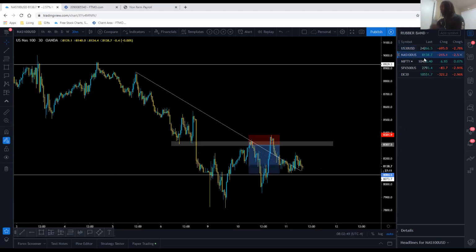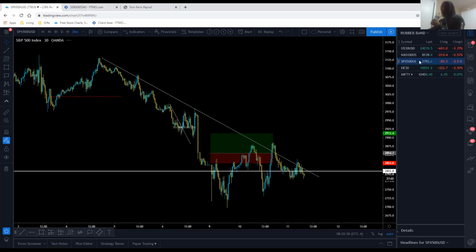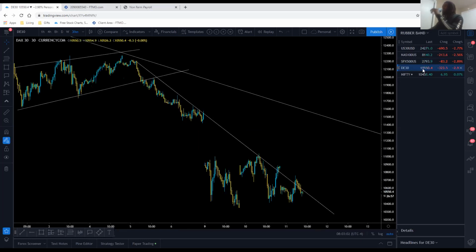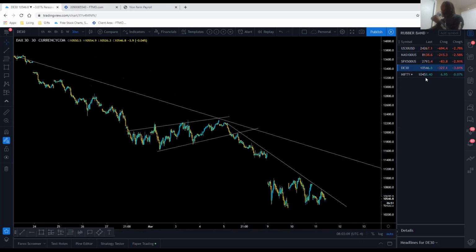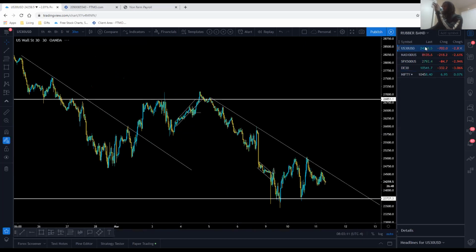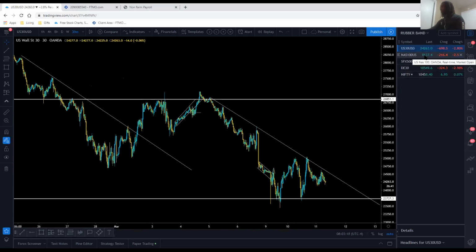Okay, US 30. We got NAS. Index. So we can pretty much just sell everything, but we're not going to do that because we're going to hedge.